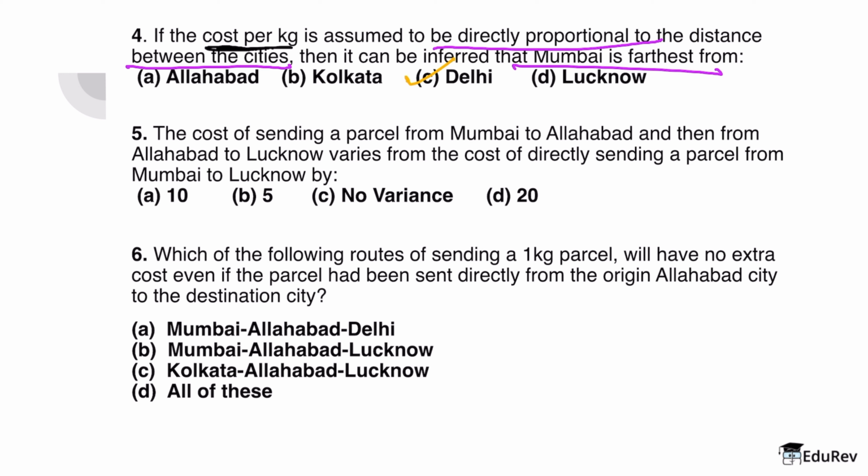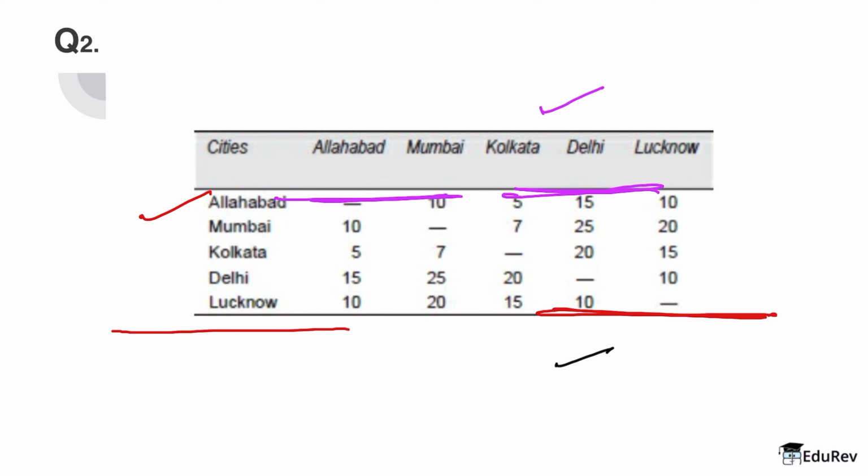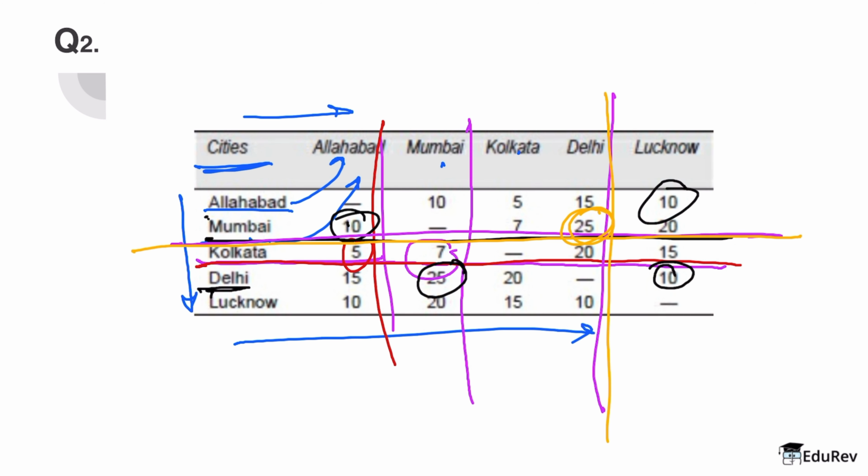Question number 5. The cost of sending a parcel from Mumbai to Allahabad and then from Allahabad to Lucknow varies from the cost of directly sending a parcel from Mumbai to Lucknow by how much? Here's the table. What we need to do is find the cost of sending a parcel from Mumbai to Lucknow via Allahabad.